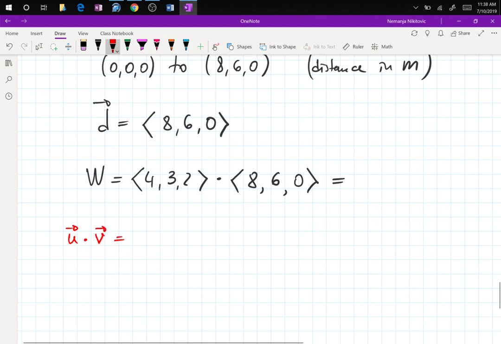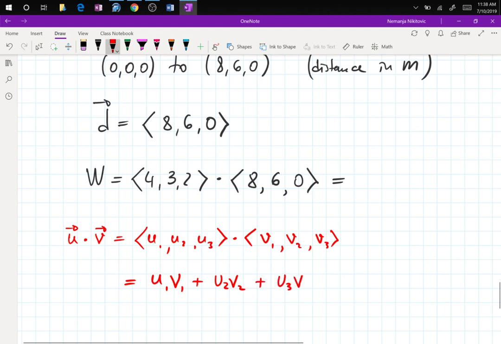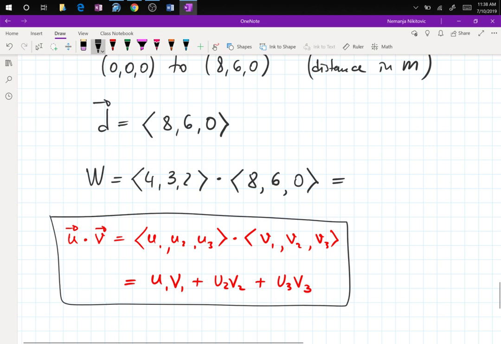So if you are working on a dot product for the 3D vectors, which is u1, u2, u3, dotted with v1, v2, v3, it would be u1 v1 plus u2 v2 plus u3 v3, and that's also going to be equal to a number. So this is your R3 dot product, right?